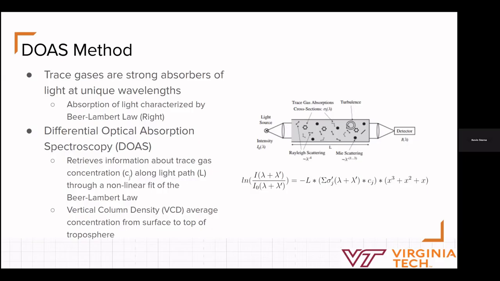Maybe to make me happy, we at least put an F in front of it. Sure, F of X cubed. And remind me again, what is X? X is just a polynomial fit of the wideband absorption and scattering effects that over sufficiently small wavelengths will not necessarily be showing up.